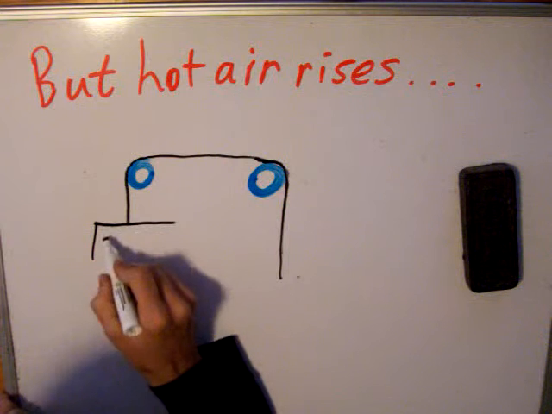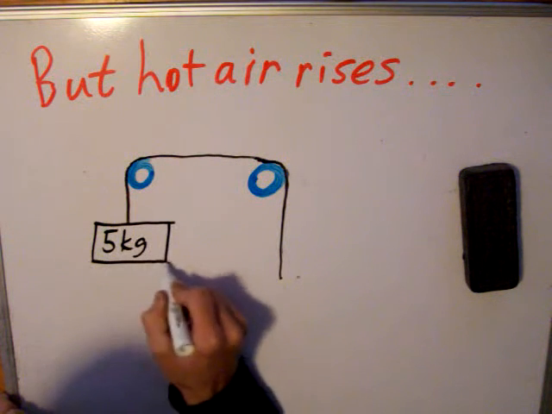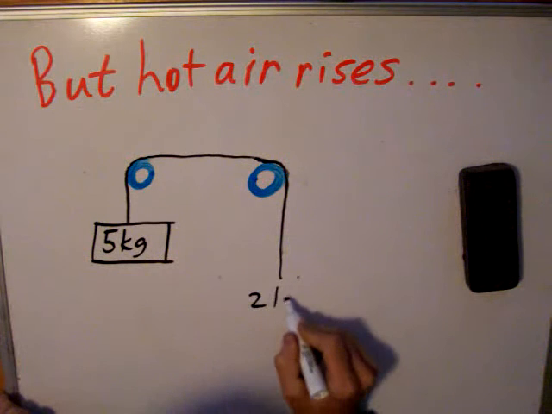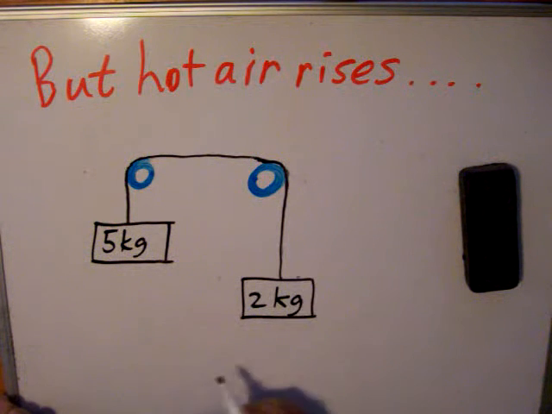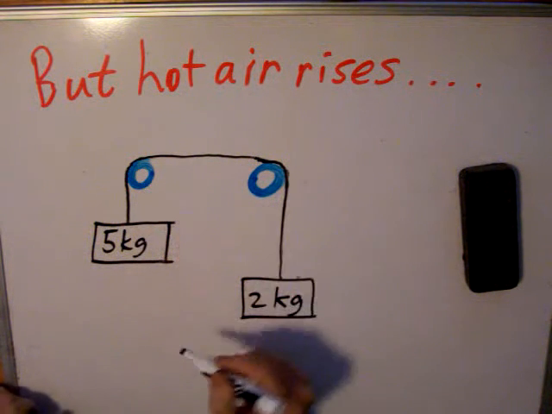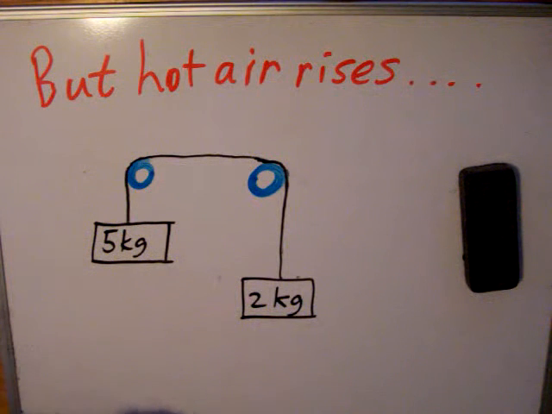And let's suppose I start with one which is 5 kilograms and one which is 2 kilograms. Two different weights, okay? They're connected by these pulleys. They can smoothly ride up and down on the pulleys. The pulleys might have some friction in them, that's okay, doesn't matter.